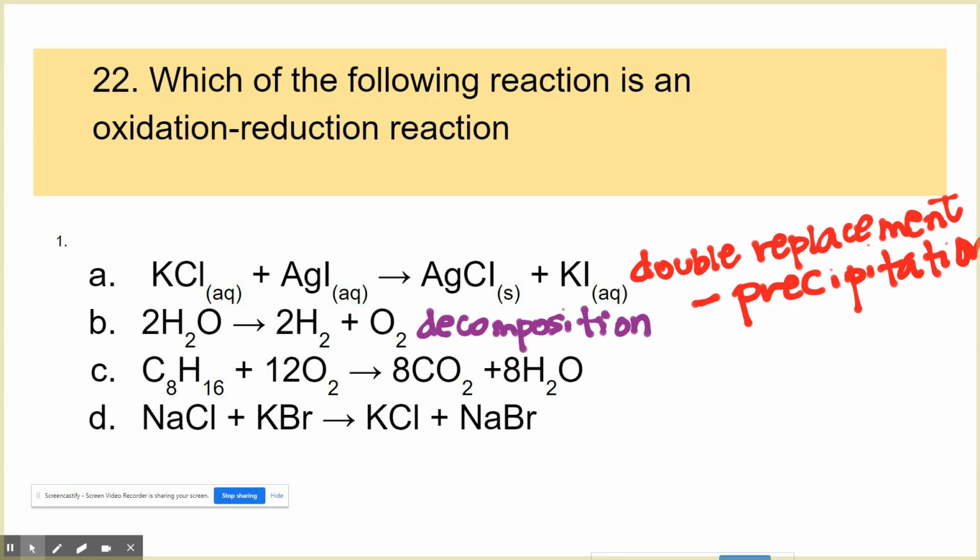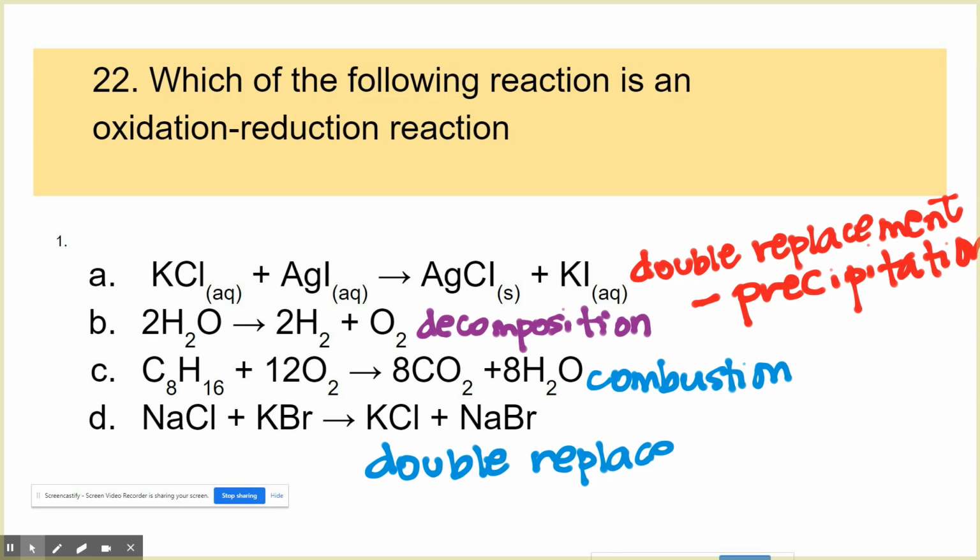If you follow the flow chart correctly, the next one is a combustion reaction, because you have O2 before the arrow, and then you have CO2 and H2O after the arrow. Let's do the last one. If you do this correctly, you would know that this is a double replacement reaction as well.